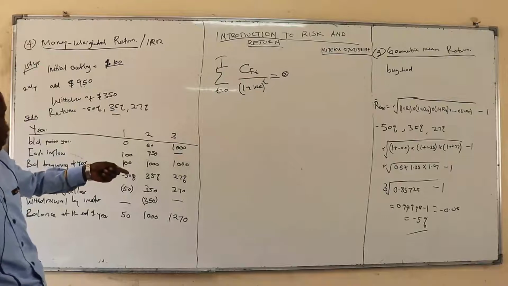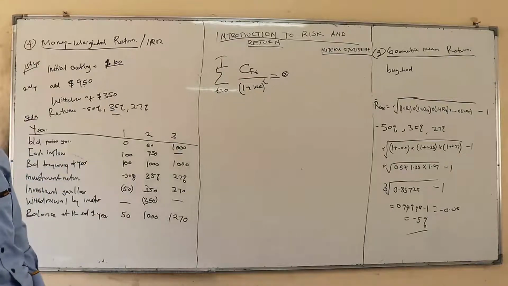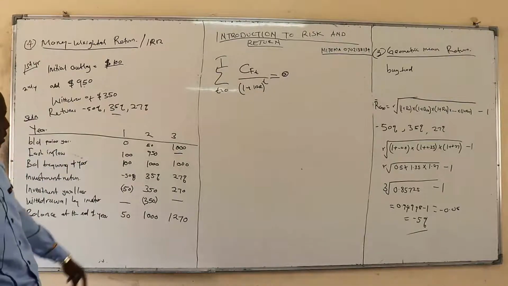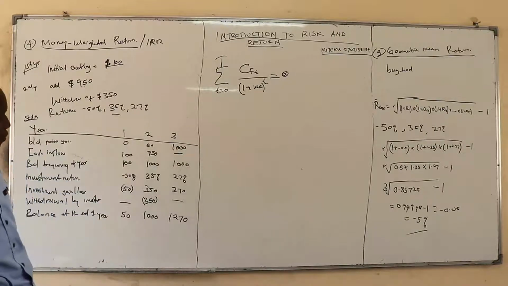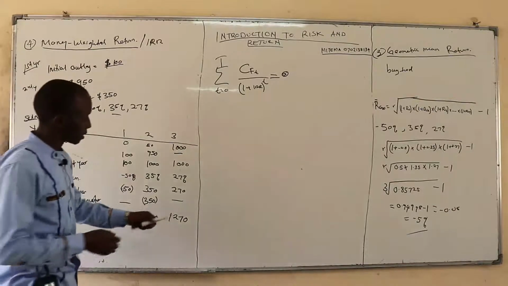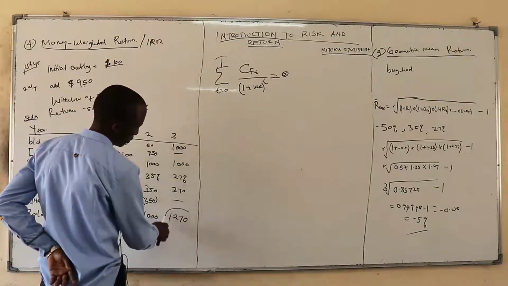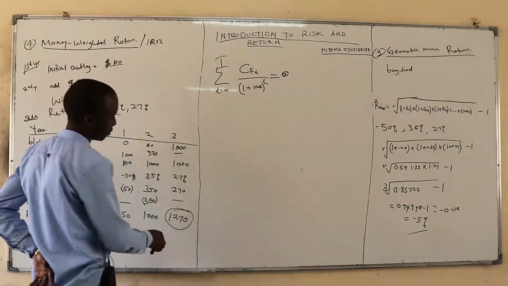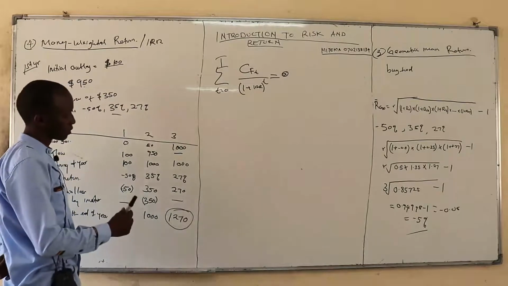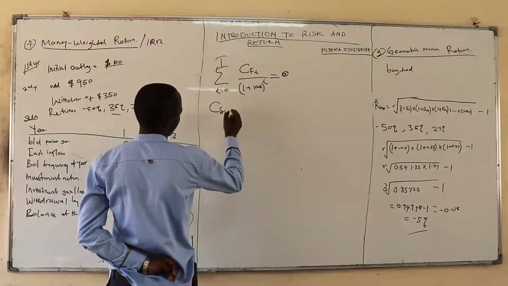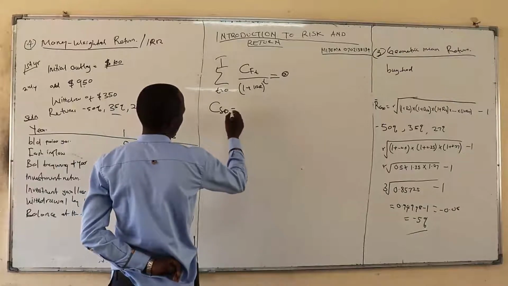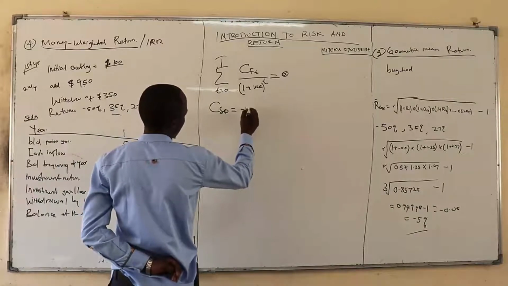In the third year, we had a return of 350, so that's another cash flow. And lastly, we had a cash flow of 270. But because this is the last holding period, we are going to use the entire period, which is 1,270.